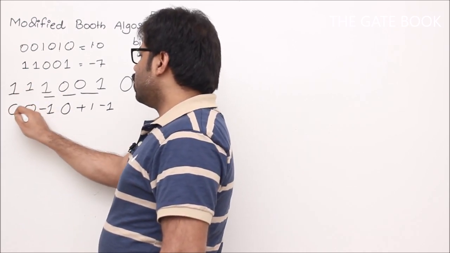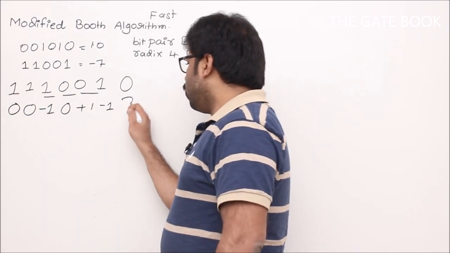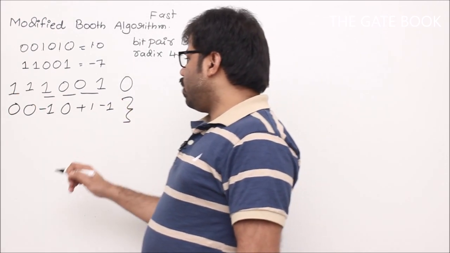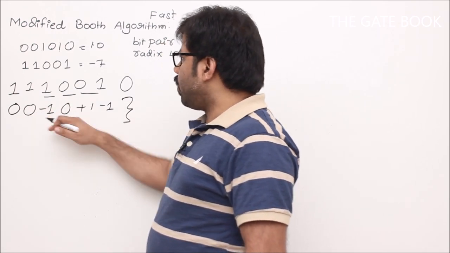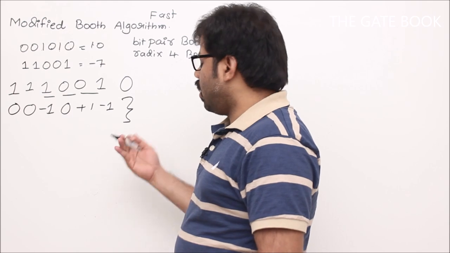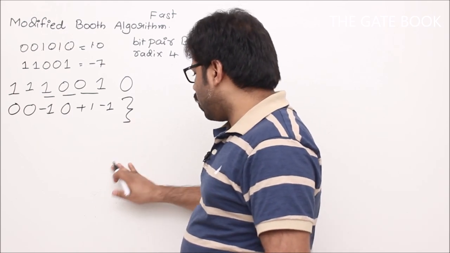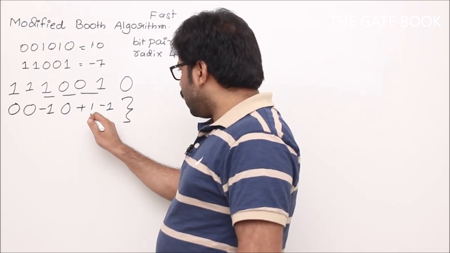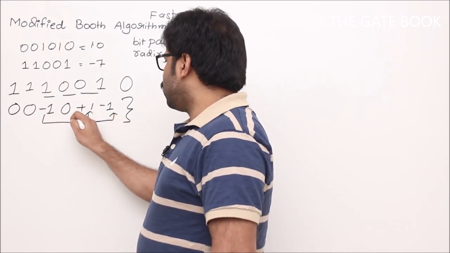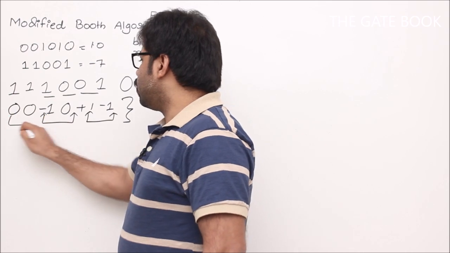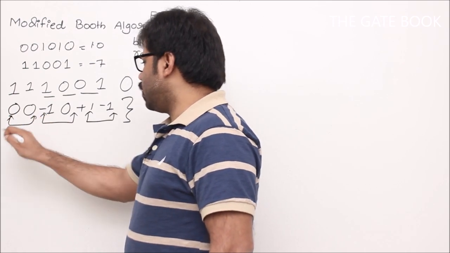Now 1 1 0. So this is now the Booth multiplier. Now we will take this and convert this multiplier to the multiplier in the modified Booth algorithm. Let us do that. So these two are a pair, these two are a pair. 0 0, we know 0.